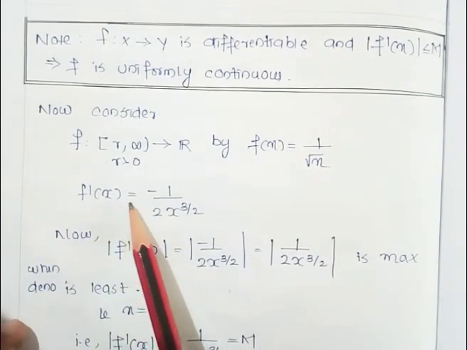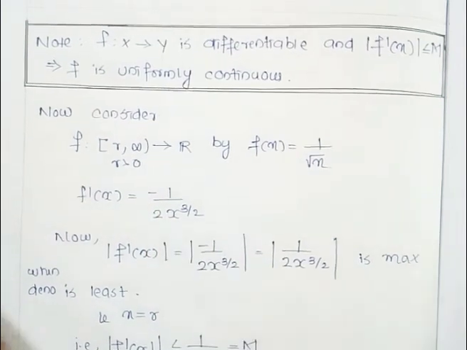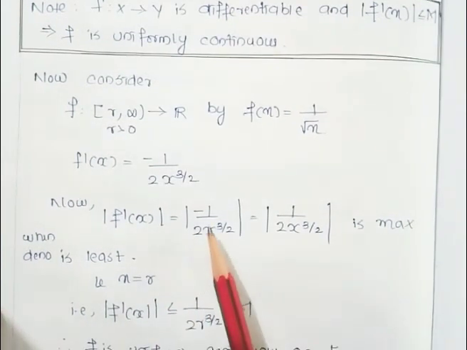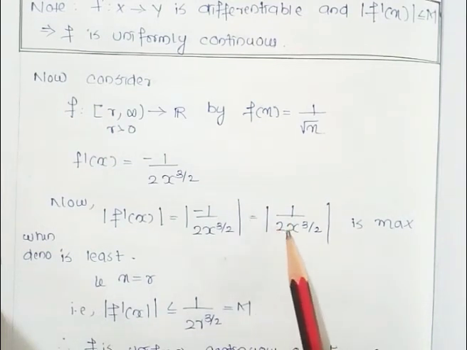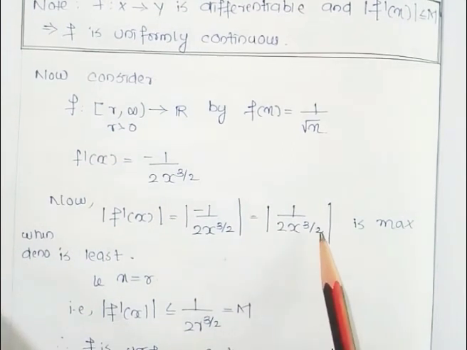f dash of x is equal to minus 1 by 2 into x power 3 by 2. Now modulus of f dash of x is equal to modulus of minus 1 by 2 x power 3 by 2, which is equal to 1 by 2 into x power 3 by 2.